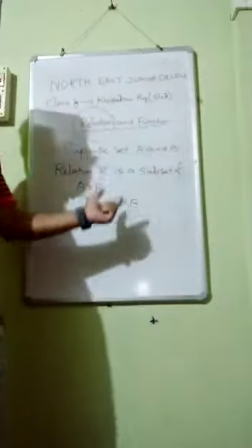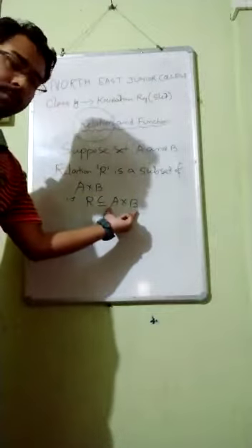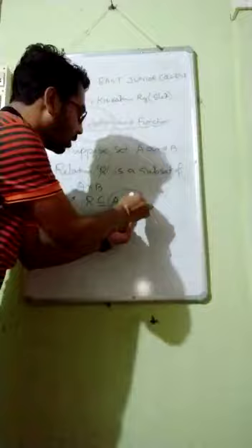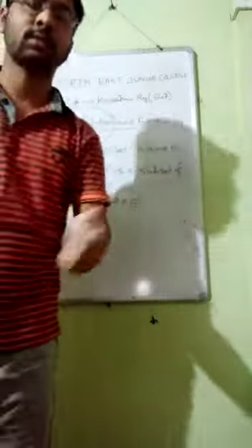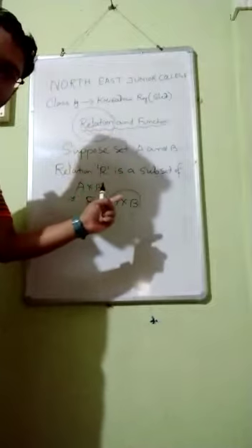A relation R is nothing but a subset of A cross B. A cross B means the Cartesian product of the two sets. Please note it down.